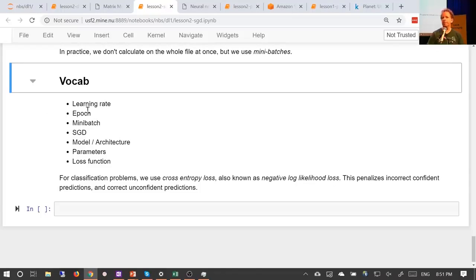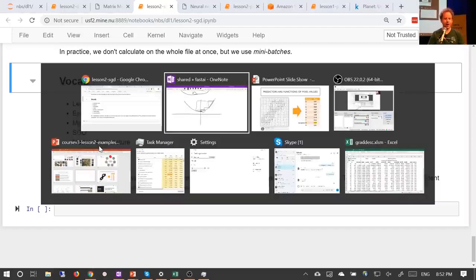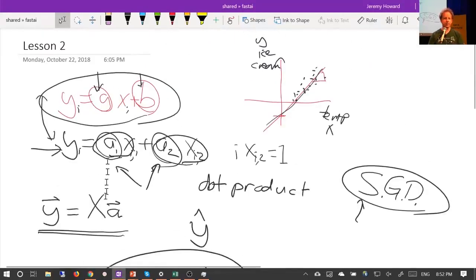Epochs are important because if you do lots of epochs, then you're looking at your images lots of times. And so every time you see an image, there's a bigger chance of overfitting. So we generally don't want to do too many epochs. A mini batch is just a random bunch of points that you use to update your weights. SGD is just gradient descent using mini batches. Architecture and model kind of mean the same thing. In this case, our architecture is y equals xa.